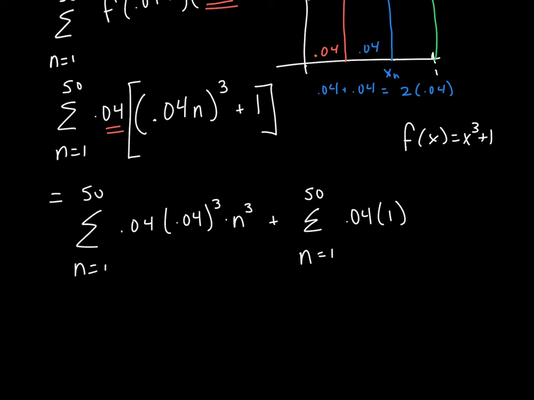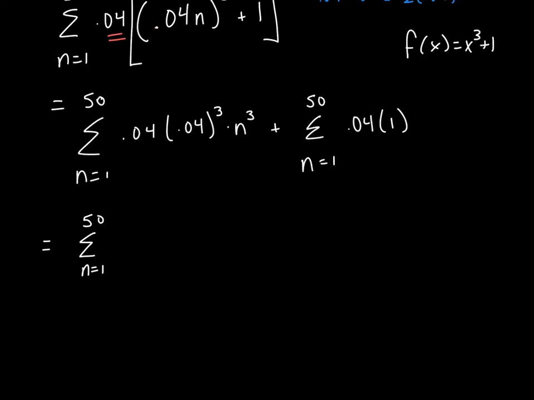Now all of that also simplifies down to 0.04 to the fourth times the summation from n is equal to 1 to 50 of n to the third, plus the summation from n is equal to 1 to 50 of 0.04. Because those are both constants, I can bring both of them out.